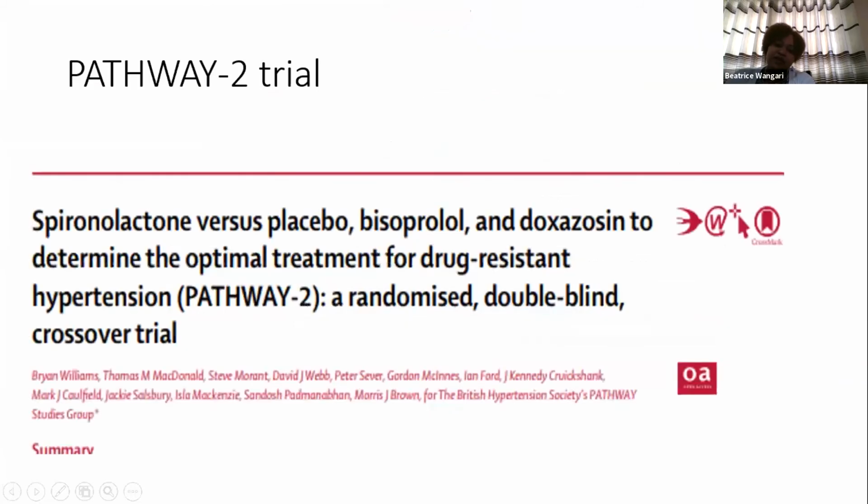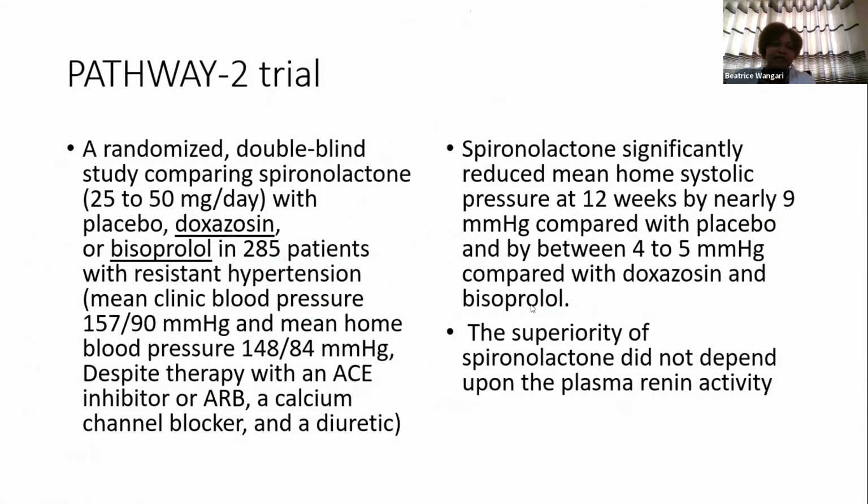The PATHWAY-2 trial was actually one of the studies that gives us the most reliable data. This was a randomized double-blind study comparing spironolactone with either placebo, doxazosin, or bisoprolol in 285 patients who had resistant hypertension.